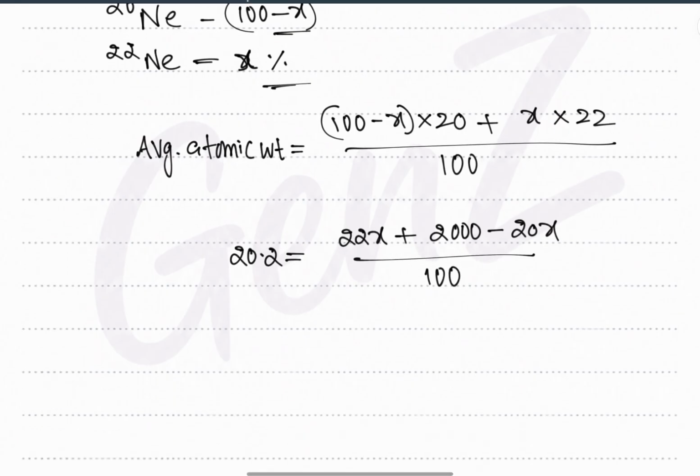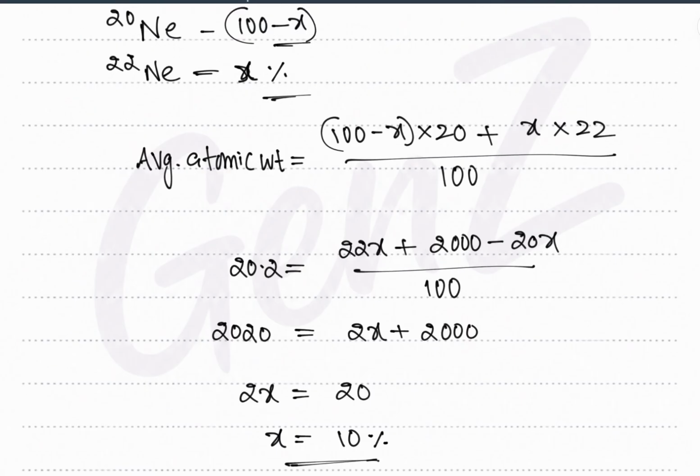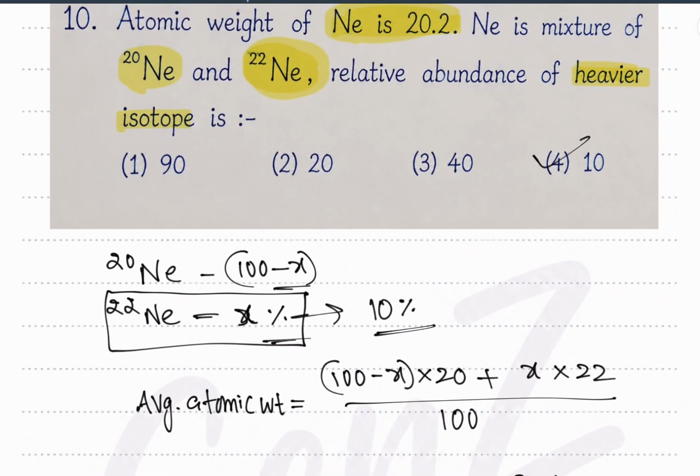This value 2020 equals 2x plus 2000. So 2x equals 20, and x equals 10%. That means the heavier isotope is 10%. So option 4 is the correct option.